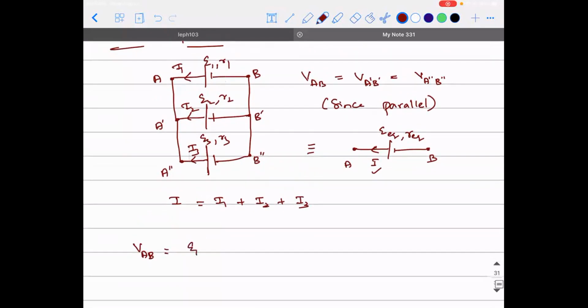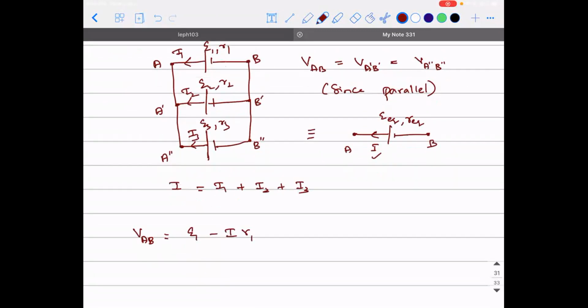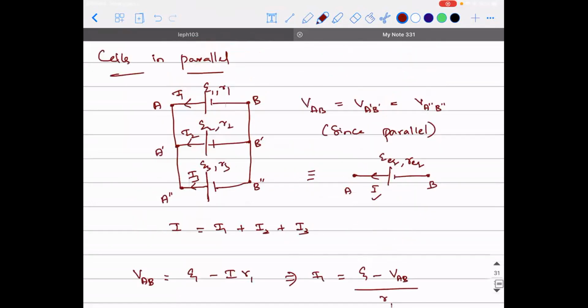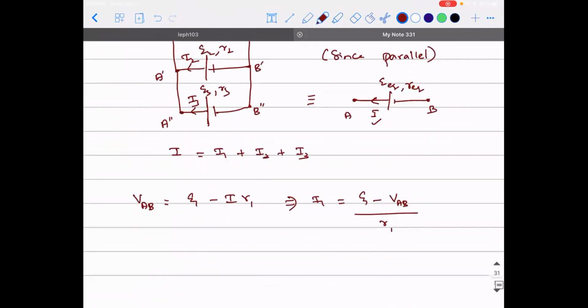Is it not E1 minus I into R1? Which implies I1 is how much? E1 minus VAB divided by R1. Listen, if I call all these things as V, then can I write it as E1 minus V divided by R1? That is the equation number 1.